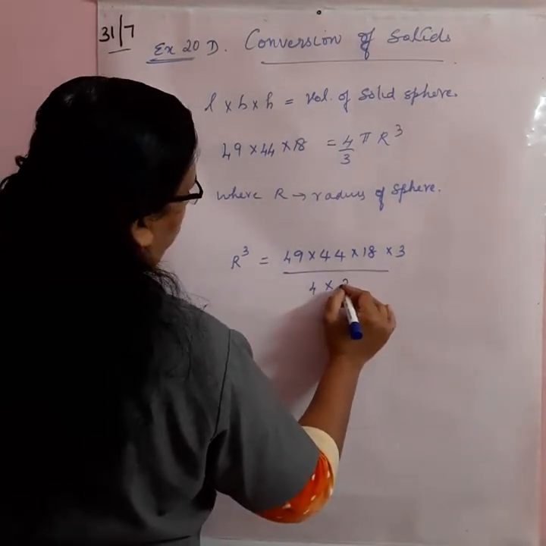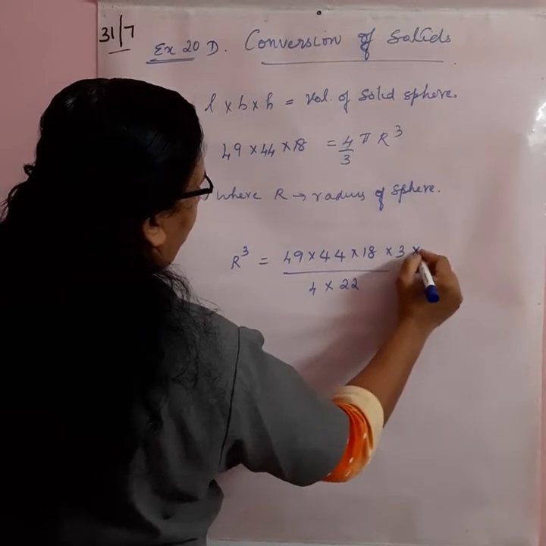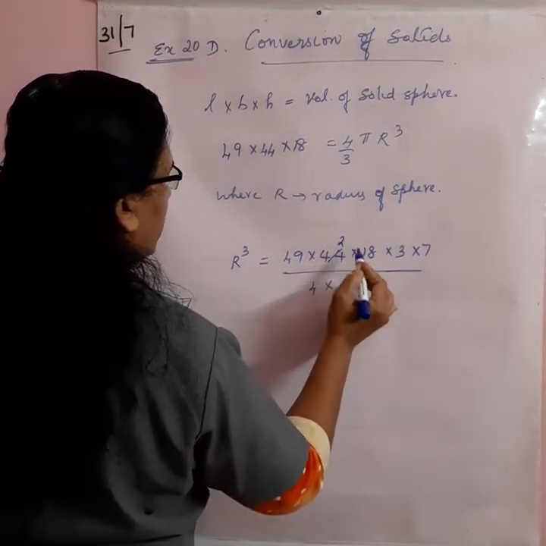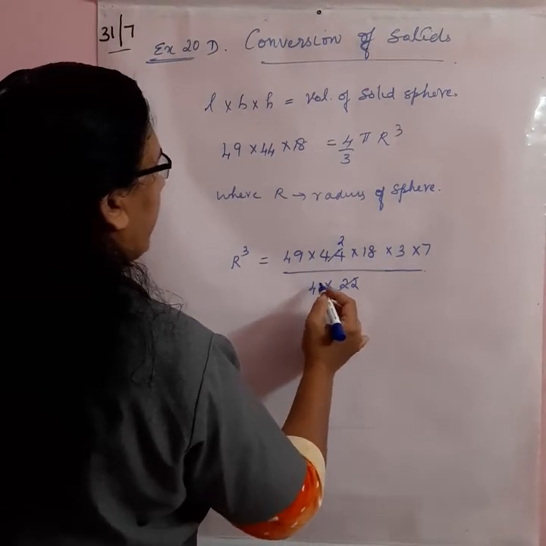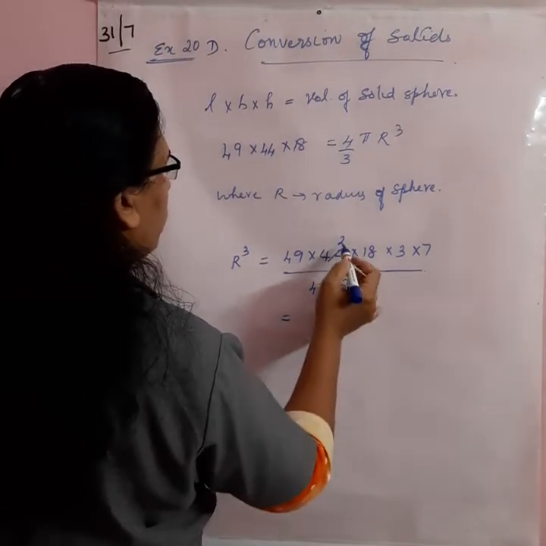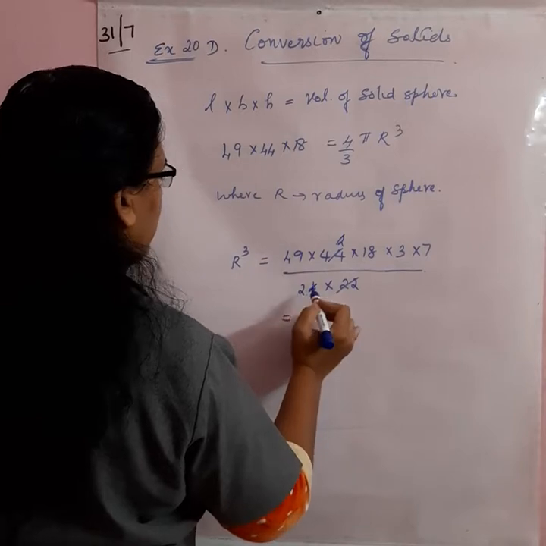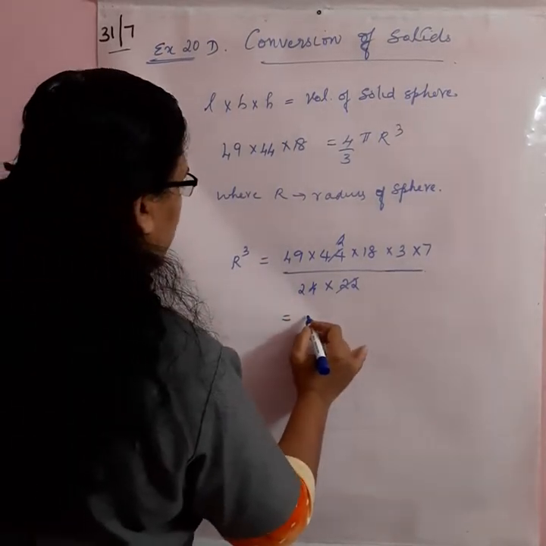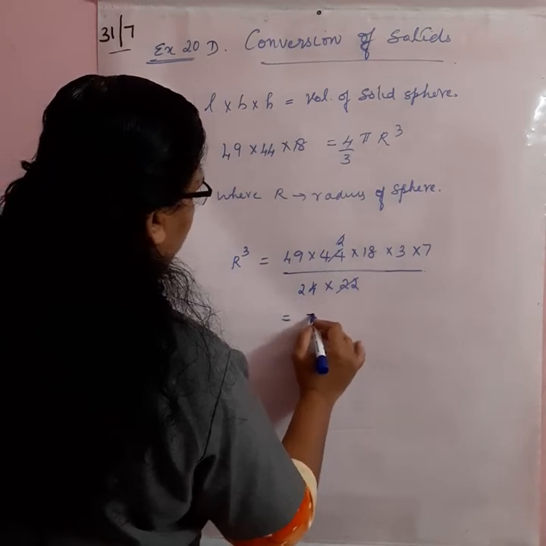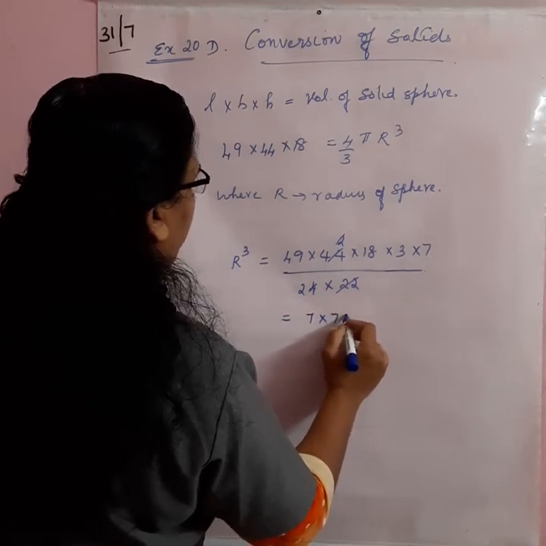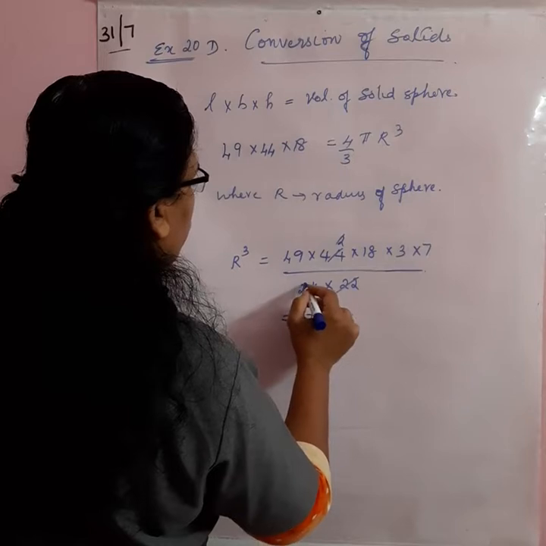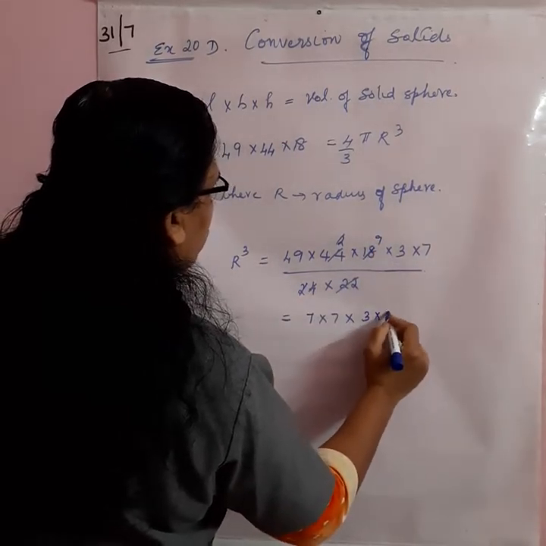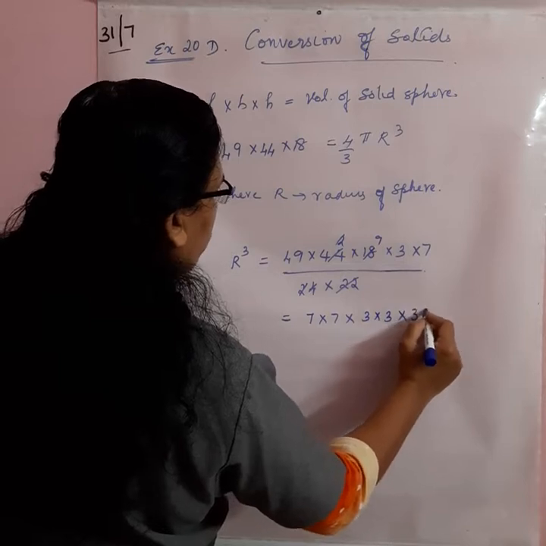Pi I can write as what? 22 by 7. The 7 will go here, 22 will go here 2 times. Now I can cancel 4 also, 2 will go here twice. So the answer is, r cube is equal to 49, which means 7 into 7, then 2 will go here 9 times. 9 I can write as 3 into 3, then one more 3 into 7.